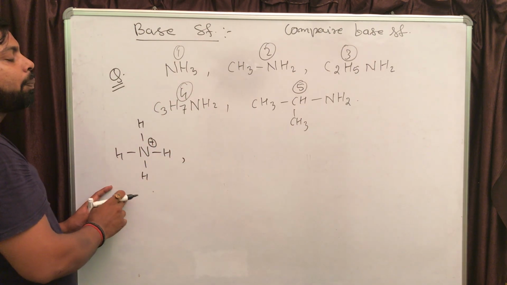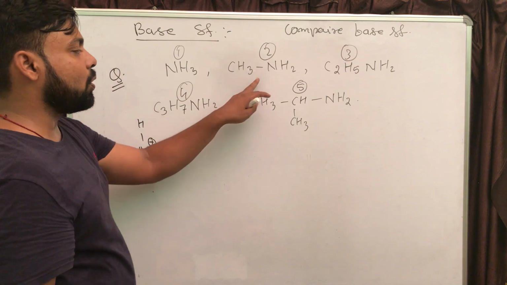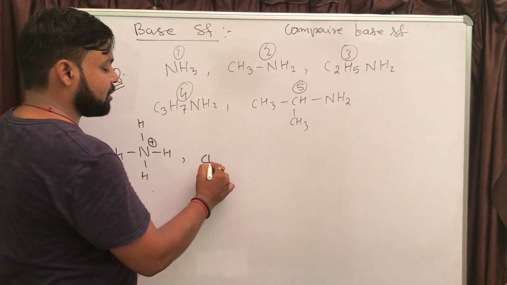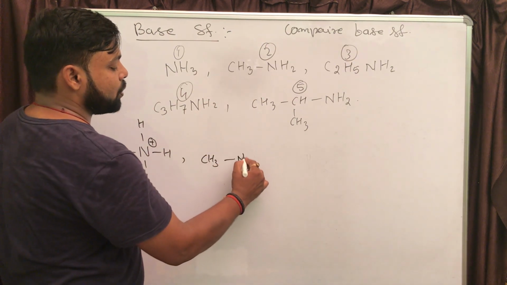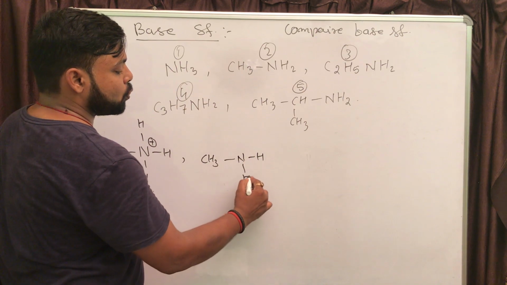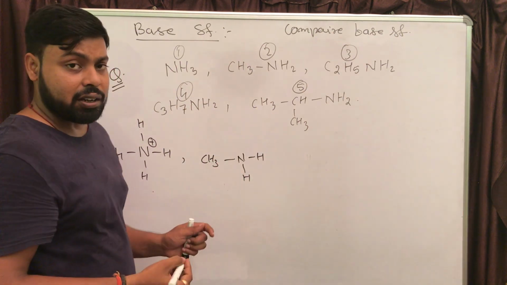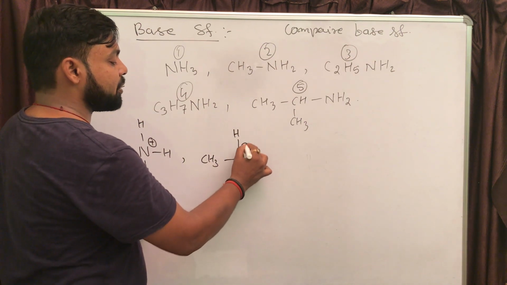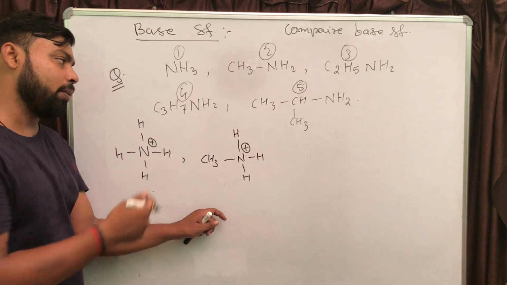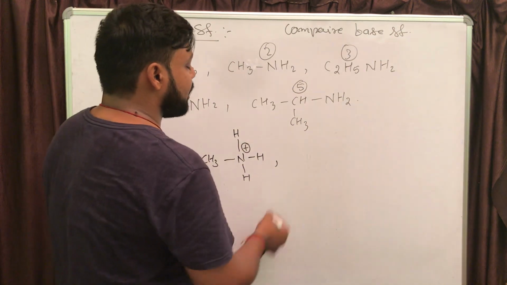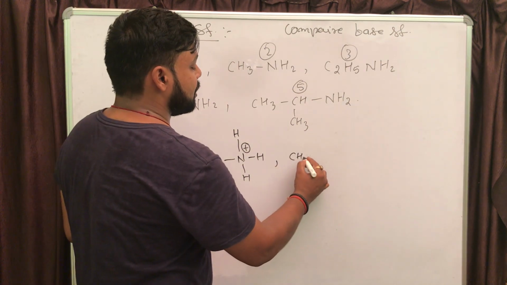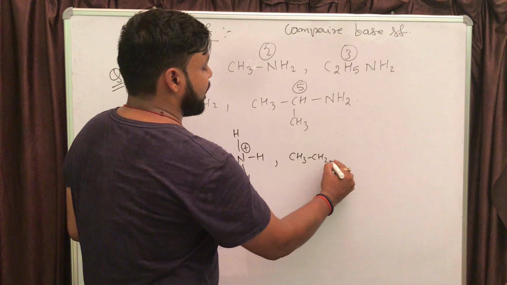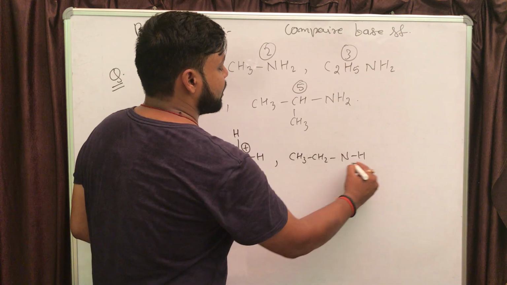First base is ammonia. If you want to write the conjugate acid of the second one, it is CH3 nitrogen. Now there are 2 hydrogens already attached with the nitrogen. Add one more hydrogen to the nitrogen and place a positive charge. This is the conjugate acid of methylamine. Next, ethylamine is CH3CH2, and then 2 hydrogens are already there.